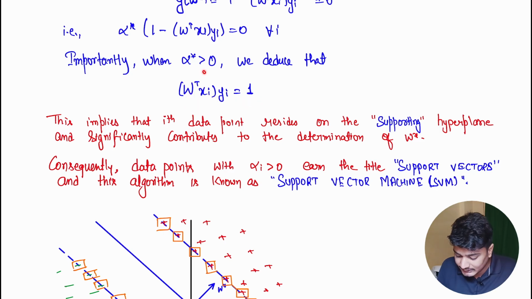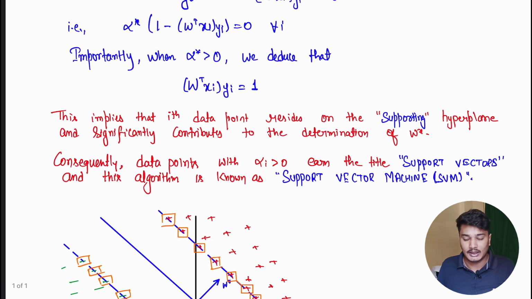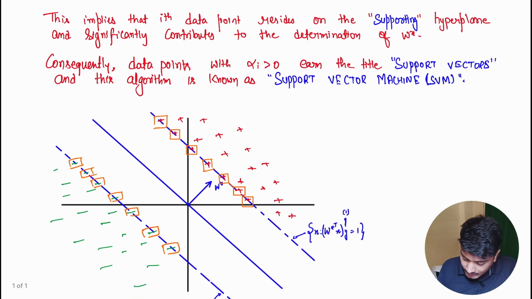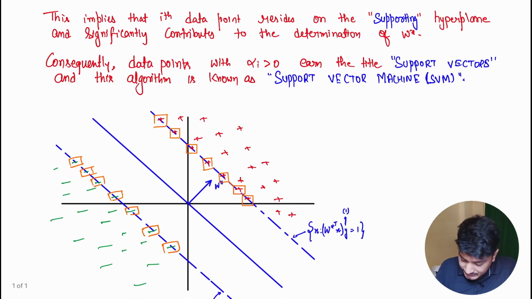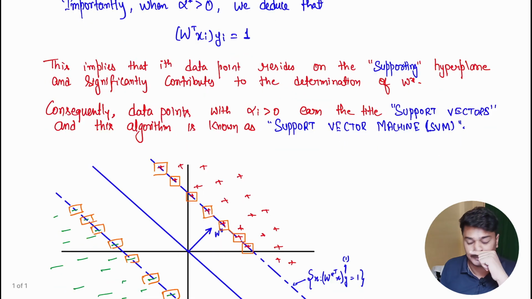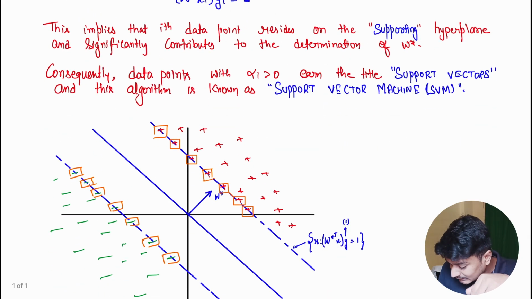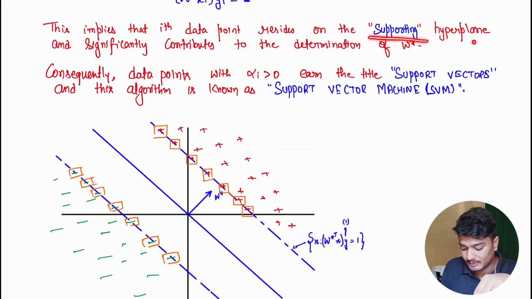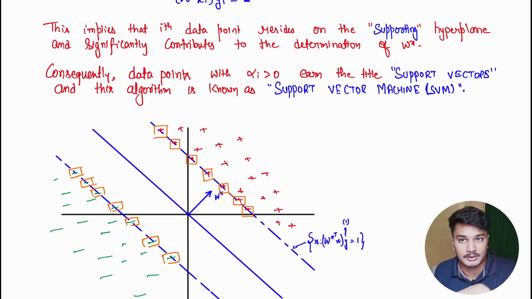It means that all these xi are those points which are on these hyperplanes. These are the points which signify the w transpose w. No other points, but only these points which are on this hyperplane. And this is called the supporting hyperplane and signifies contribution to determining W star.